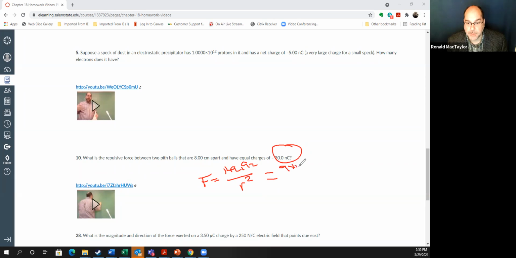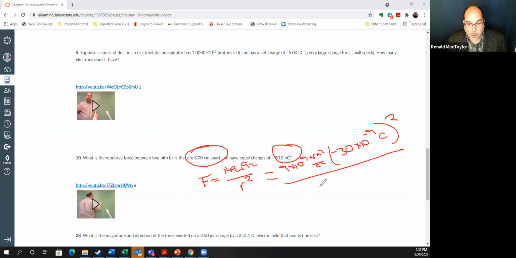So 9 times 10 to the 9th newton meter squared per coulomb squared times negative 30 times 10 to the negative 9th coulombs times negative 30 times 10 to the negative 9th coulombs, divided by R squared, 8 times 10 to the negative 2nd meters, that's 8 centimeters, squared. You run the numbers and you just got to be careful when you're doing the scientific notation because numbers can look bizarre.